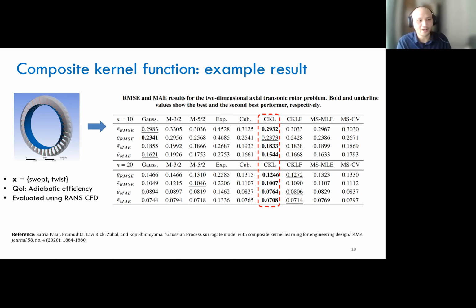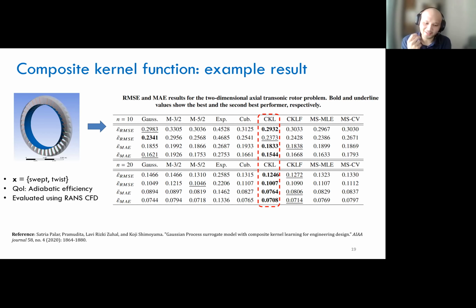So we evaluate this by using Reynolds-averaged Navier-Stokes CFD, and then we evaluate several samples, and then we compare Gaussian process with one kernel function or the composite kernel learning, and MS is model selection. Here you can see that the errors of the composite kernel learning are lower than the individual kernel function.